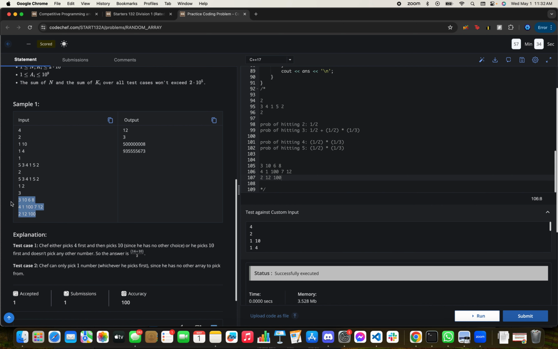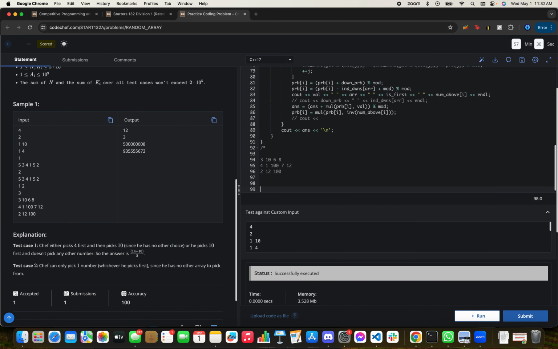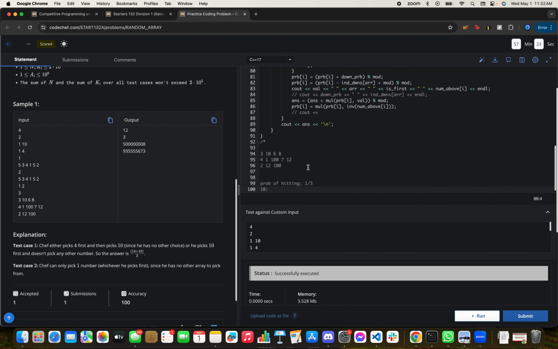So let's look at this thing right here. So prob of hitting 1. This is just 1/3. Two, get rid of these numbers.